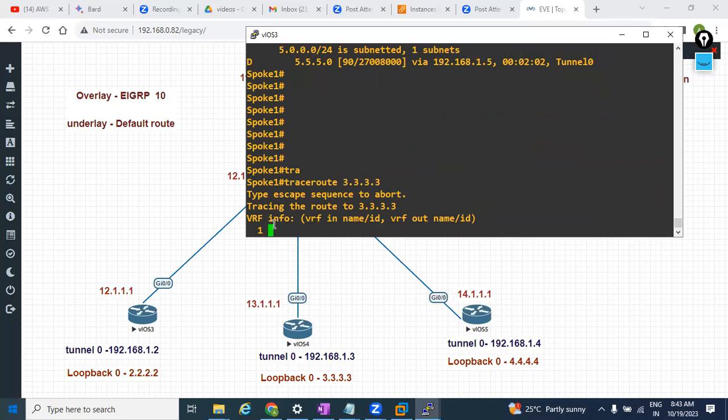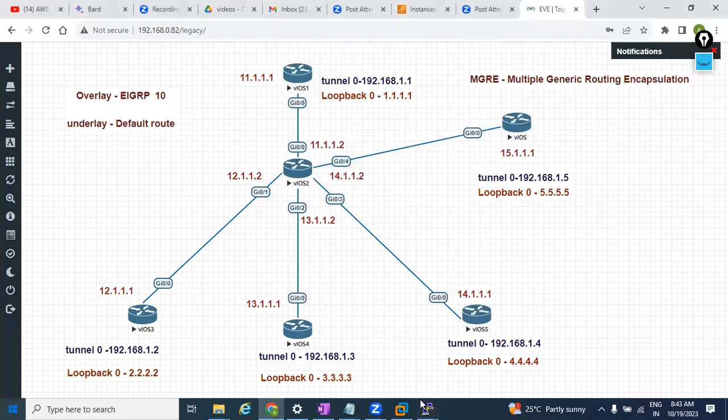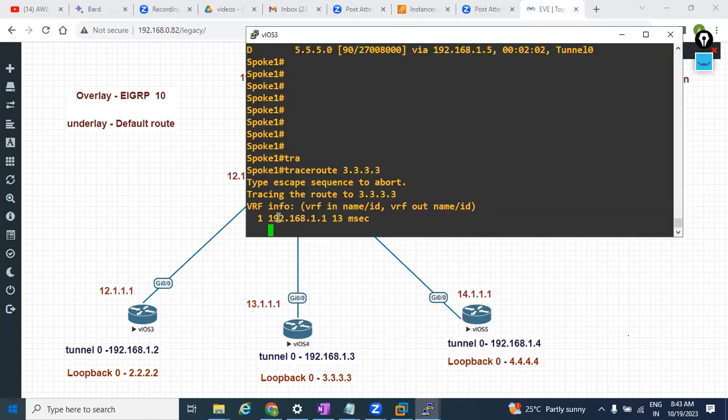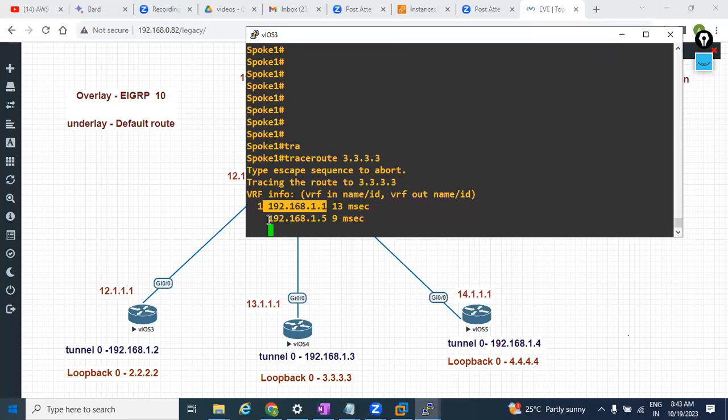Okay, so we'll see how the packet gets transferred here. Now just wait and watch. First of all, it's going to 1. Who's 1? Hub 1. Now it goes to hub 2 and then it goes to the destination. So now it's about hub 2, and after that to the spoke here. So what is the traffic flow?